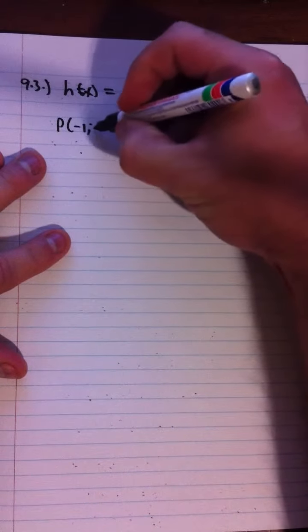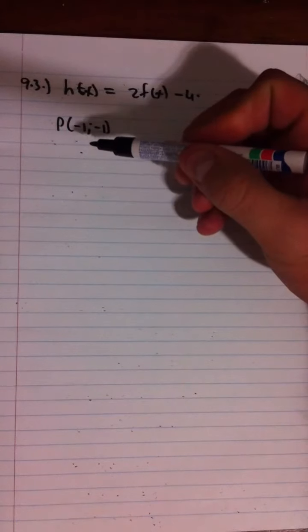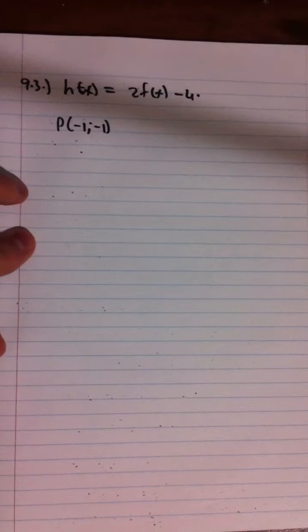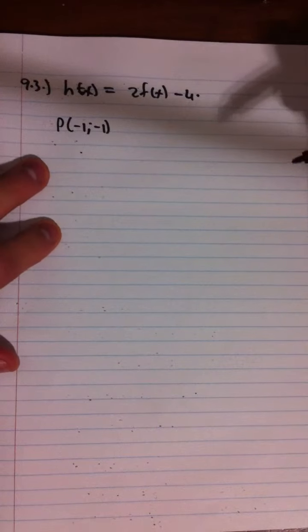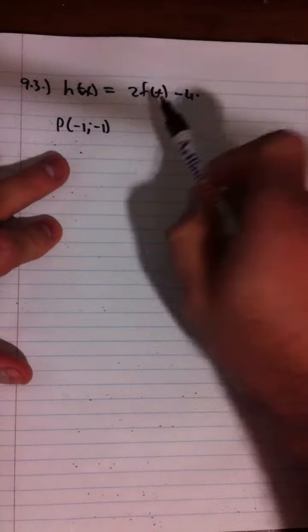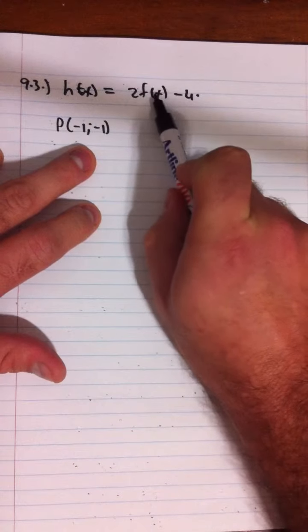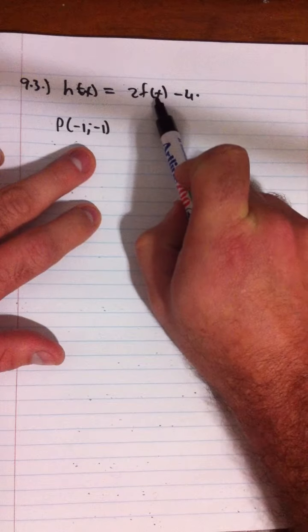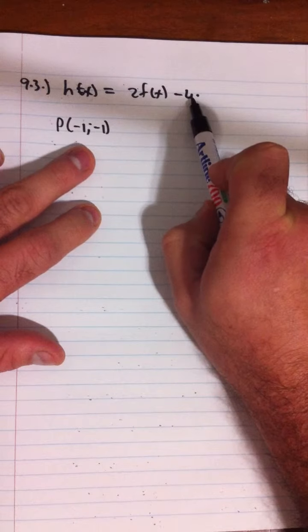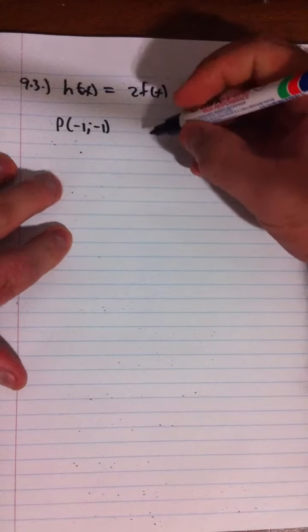P we know is negative 1 and negative 1, and that's a given, so we know that's correct. You could also use the point for r, but we would rather use the point for p, which is given, so we know we didn't make any mistakes in getting there. And now we just apply 2 f of x minus 4. So what does this mean? F of x is a y value in the equation. So if we double the y value and then subtract 4 from it, that's our new y value. So let's apply that to p.